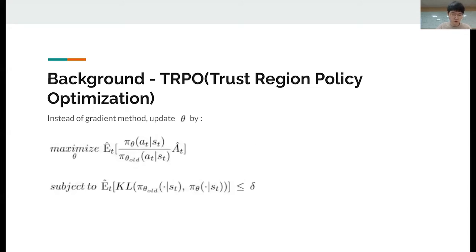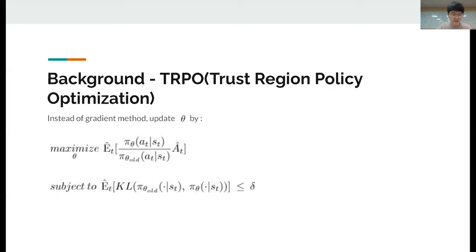To overcome the problems of policy gradient method, trust region policy optimization updates zeta by this process. The expectation given here is an unbiased estimator of the loss function that was given in policy gradient method.